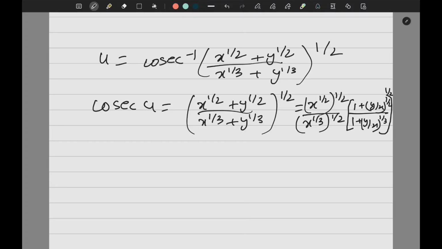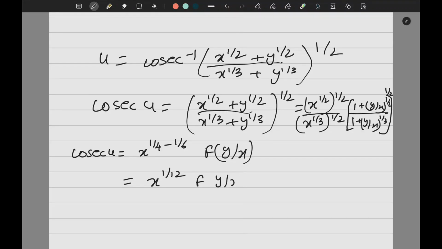Now what is left? cosec u is equal to x to the power 1 by 4 minus 1 by 6 times a function of y by x. So x to the power (6 minus 4 is 2) 2 by 24, that is 1 by 12, times a function of y by x. So what will be the answer here? n is equal to 1 by 12.